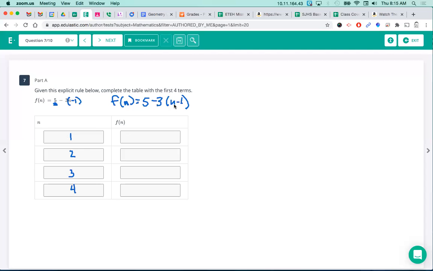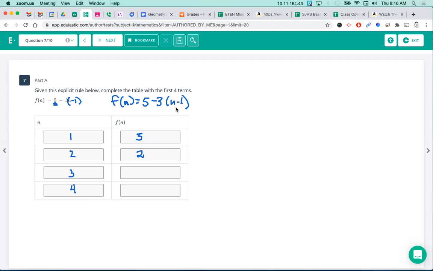So 5 minus 3 times n minus 1, that means that for the first term, it's 1 minus 1, which is 0, and 3 times 0 is 0. So our first term will be 5. Second term, 2 minus 1 is 1. 3 times 1 is 3. So you get 5 minus 3, which is 2.